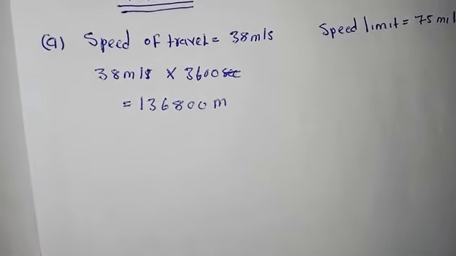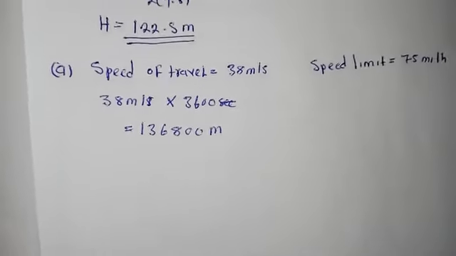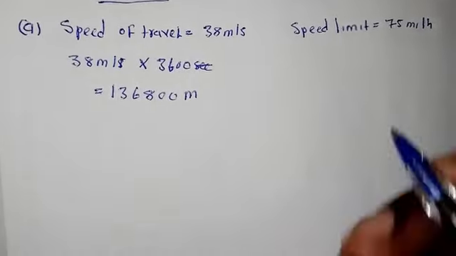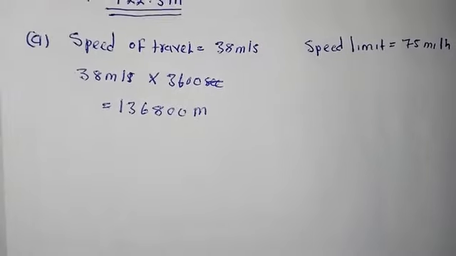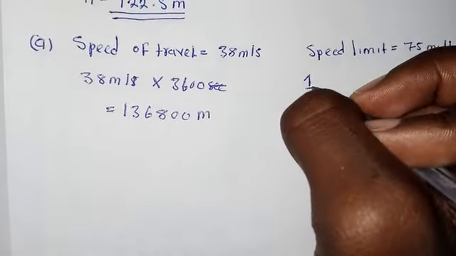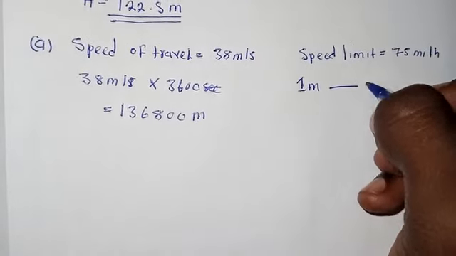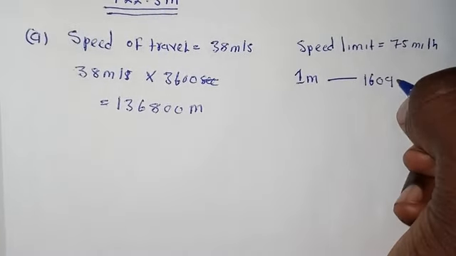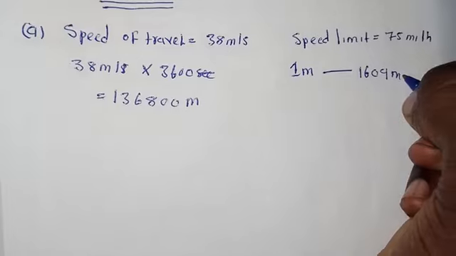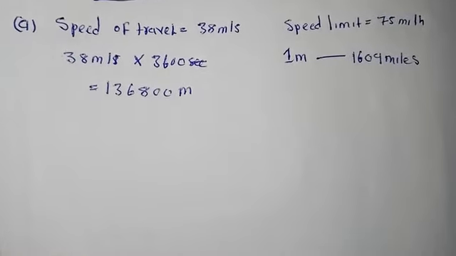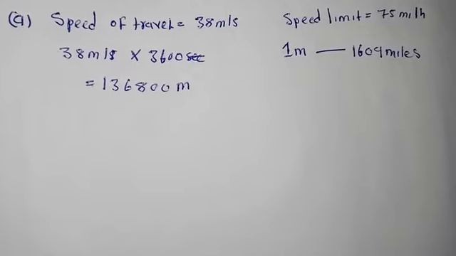All right. Now, let's ask ourselves, how many meters makes up one mile? We know that 1 mile makes up 1609 meters.